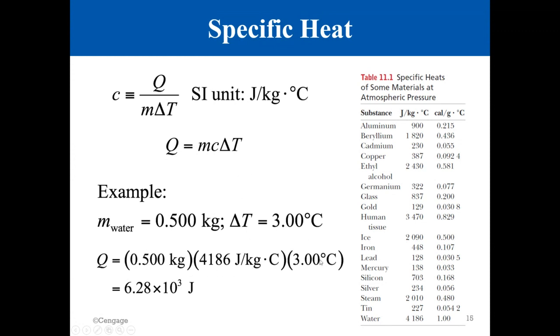The units here are all SI units, so we don't need to change anything. You just need to evaluate this equation. The answer is 6.28 times 10 to the power 3 joules. 10 to the power 3 joules, we call a kilojoule. So I may say the answer is 6.28 kilojoules.